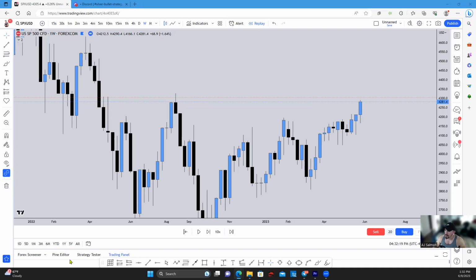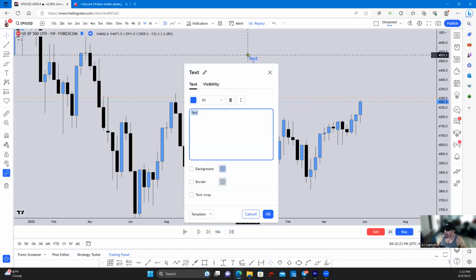Okay, so first thing we want to look for is going to be any gaps, old highs or old lows. Basically, we're looking for inefficiencies. Okay, that's the name of the game.